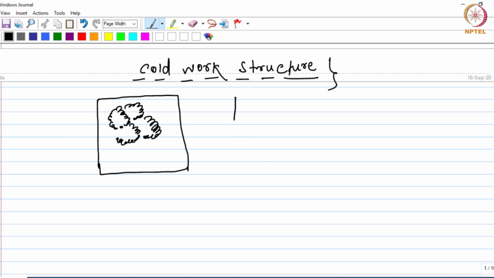And as you increase the level of cold working, these dislocation tangles can take up the form of well-defined cells.